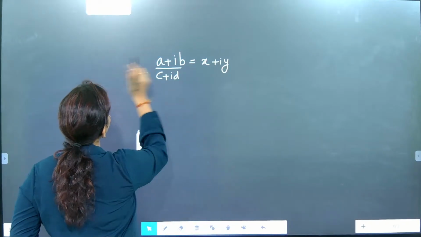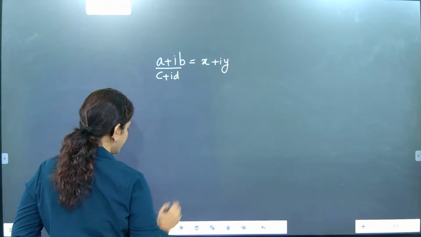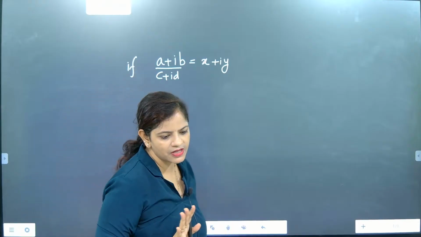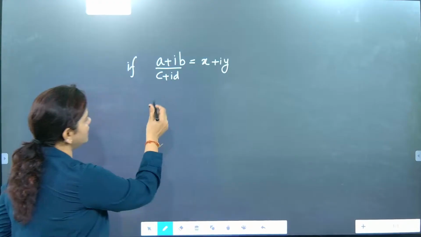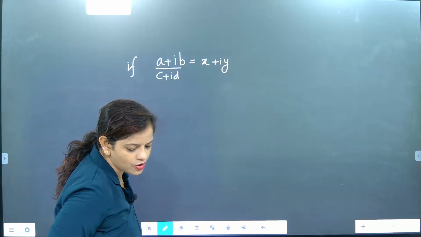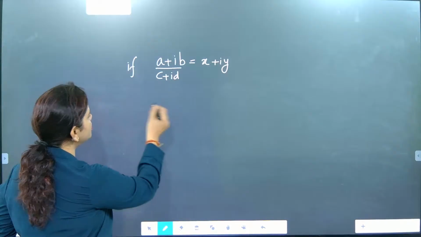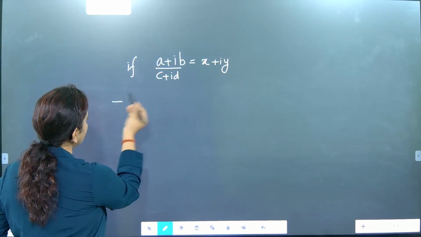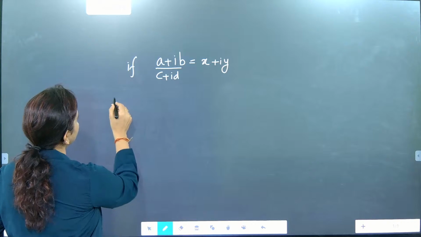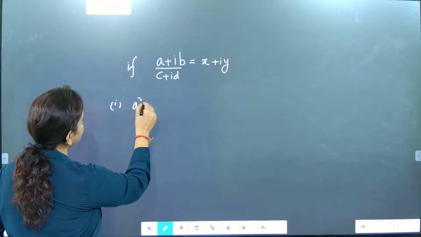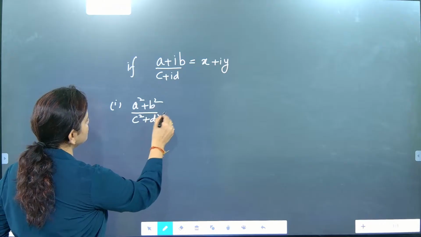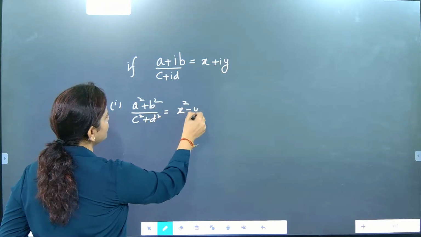So here it is given that a plus ib by c plus id is equal to x plus iy. How to solve this question? Either they will give you a direct proof, or they will give you option format. Option A: a square plus b square by c square plus d square is equal to x square minus y square.